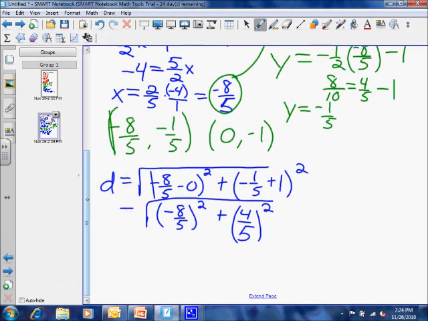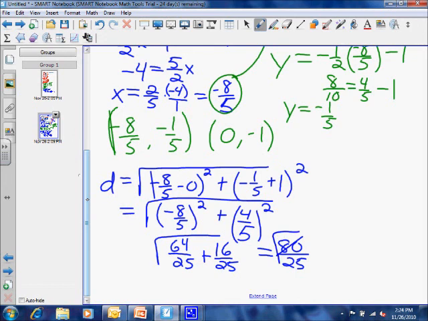Now when I square, I need to square both the numerator and the denominator, so I'll have 64/25 plus 16/25, all in the square root, which equals 80 over 25, all in the square root.